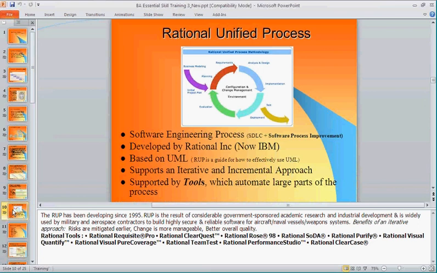Now, in 1990, actually around 1980 is when the US government started thinking about the software development processes, right? And they were wanting to build some software for their naval systems and for the Air Force systems, right? Aerospace contractors and all, military and aerospace.